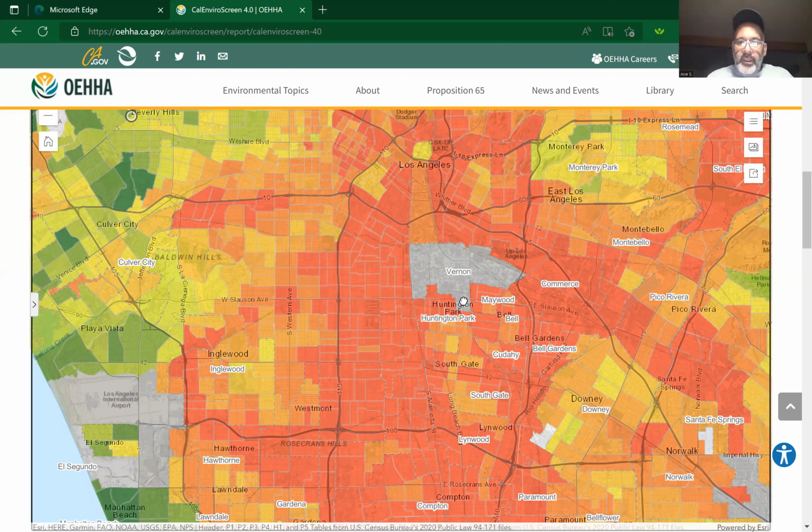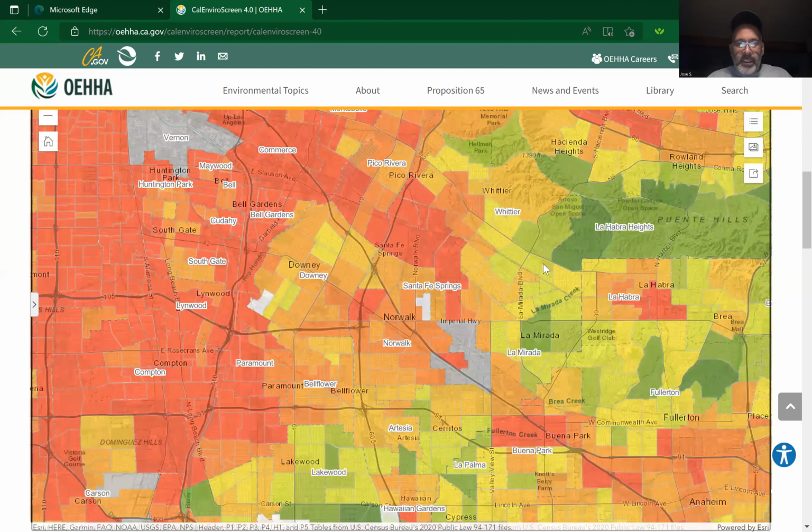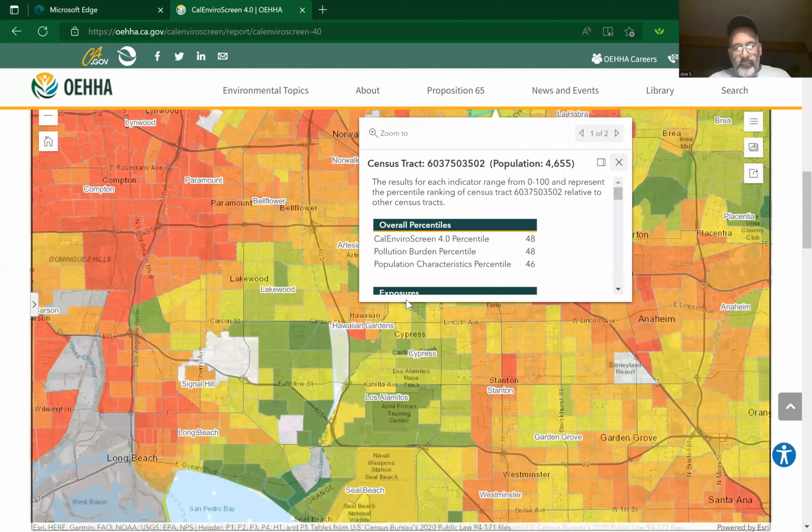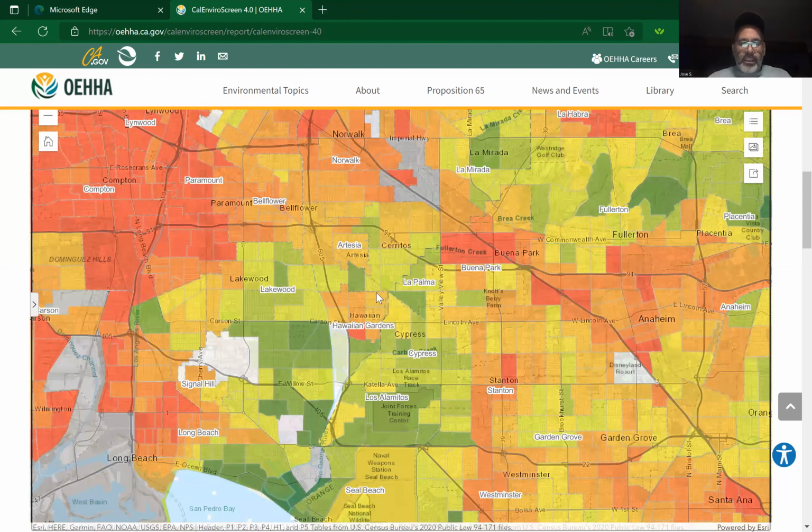I thought something over here was pretty interesting. Where was it? Oh, here we go. I've read that Artesia, Cerritos, La Palma, these areas are kind of nice, and I could be wrong. Feel free to correct me in the chat.